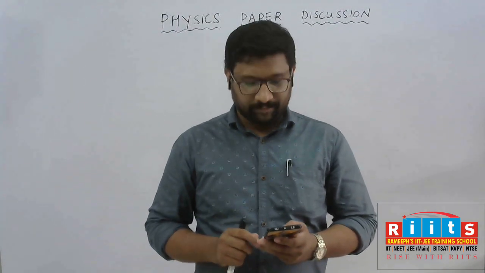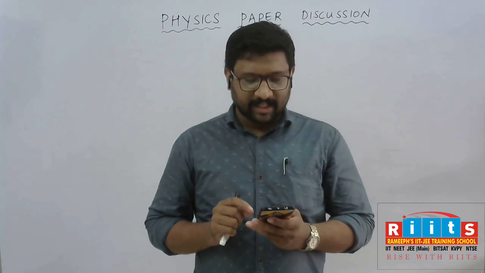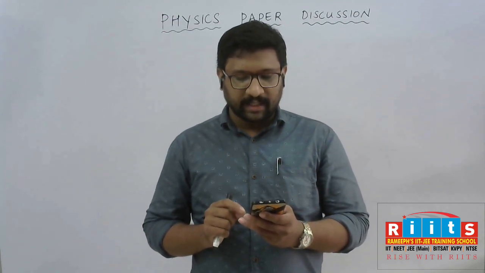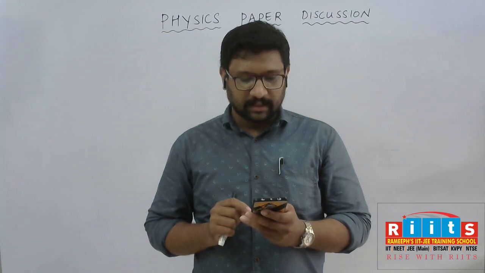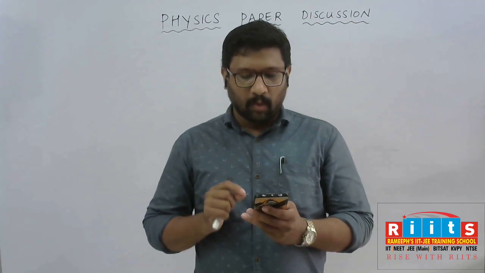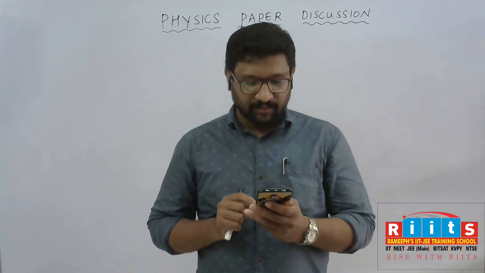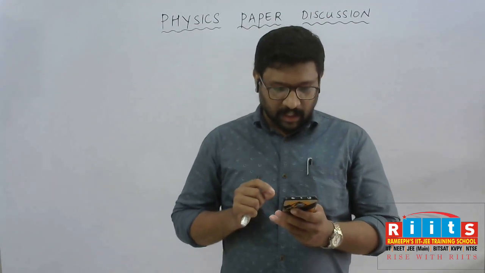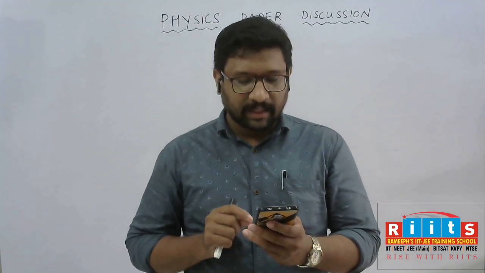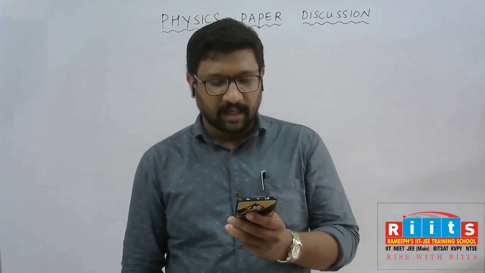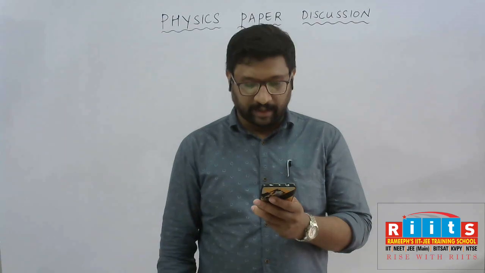Question number 11. In Young's double slit experiment, one of the slits is wider than the other, so that the amplitude of the light from one slit is double that from the other slit. If Im is the maximum intensity, find the resultant intensity when they interfere at phase difference phi.